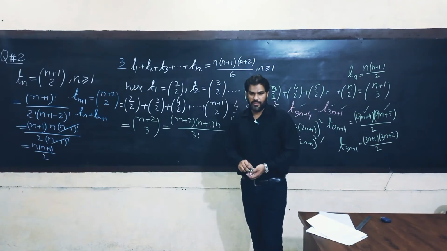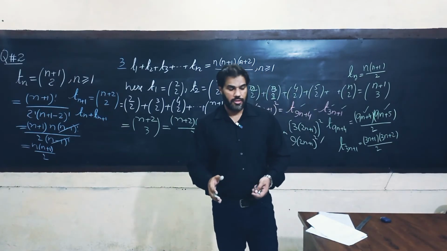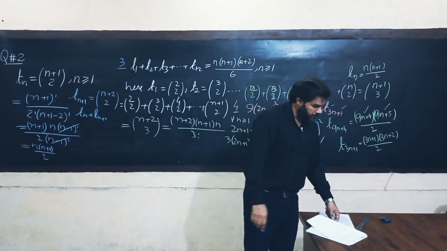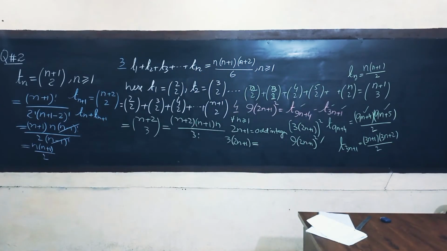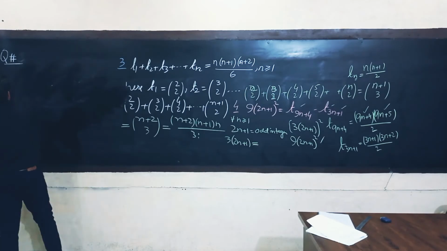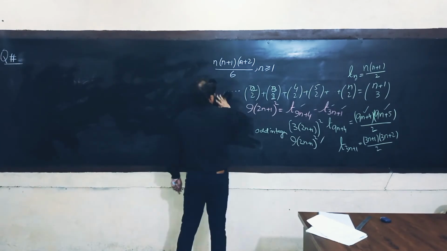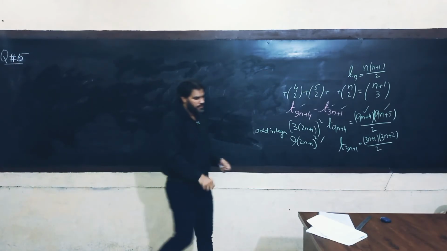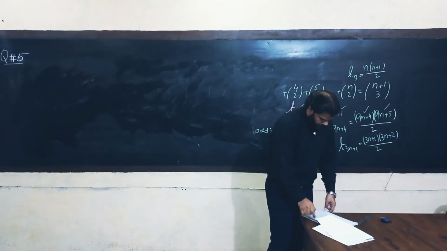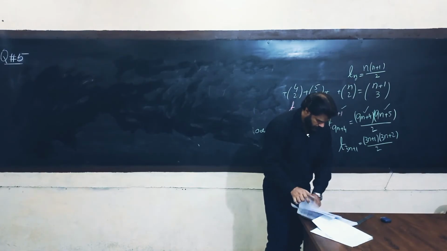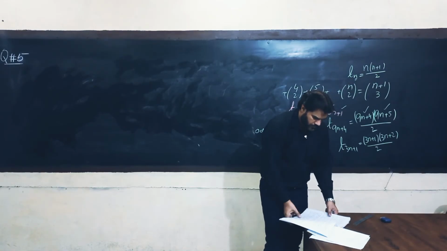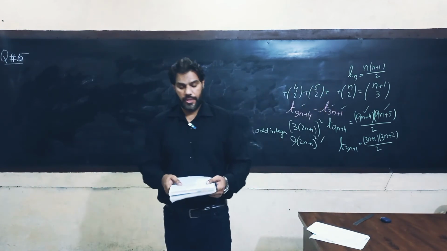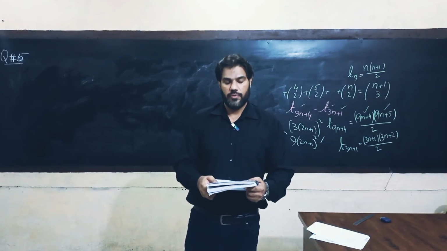The next question, number 5, is a very interesting question, and actually this is a research-based question. In question number 5, in the sequence of triangular numbers, find the following.